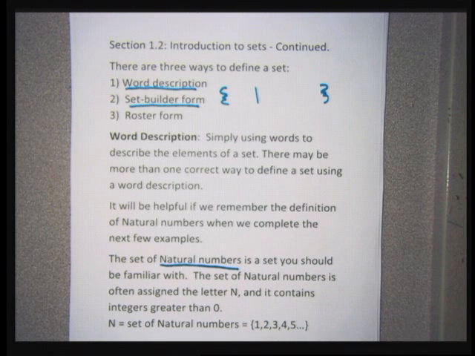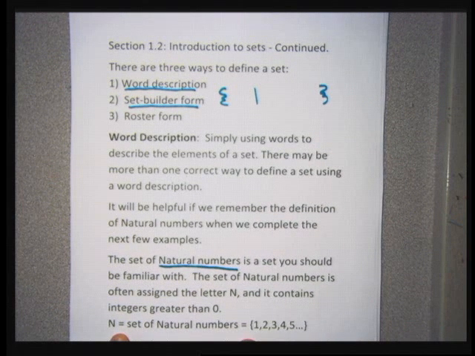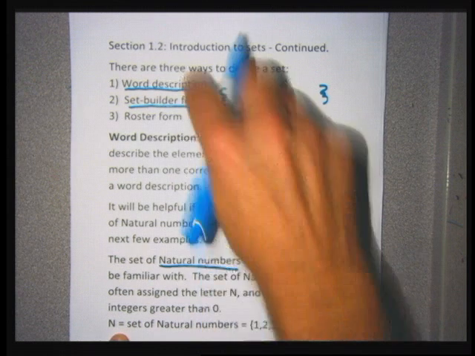And natural numbers are just kind of positive numbers without fractions or decimals. So the natural numbers is usually described as the set N, and it has the numbers 1, 2, 3, 4, 5, and so on.